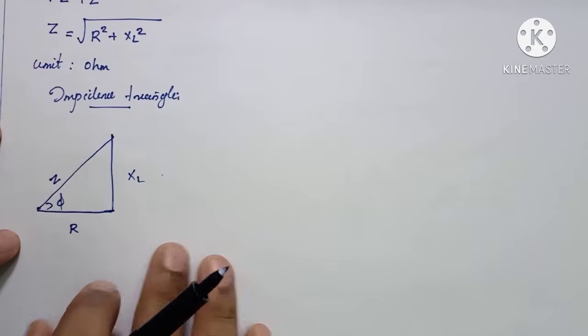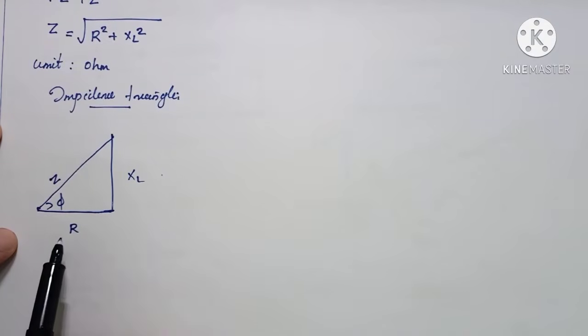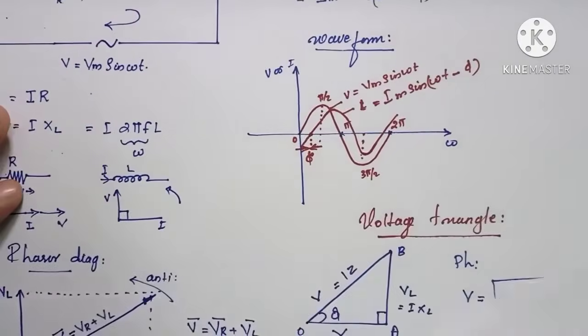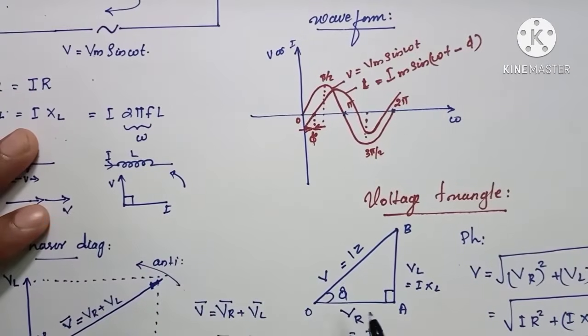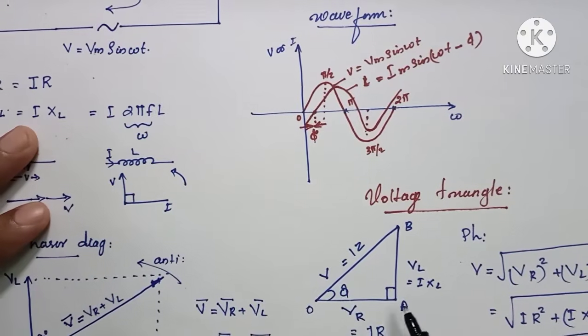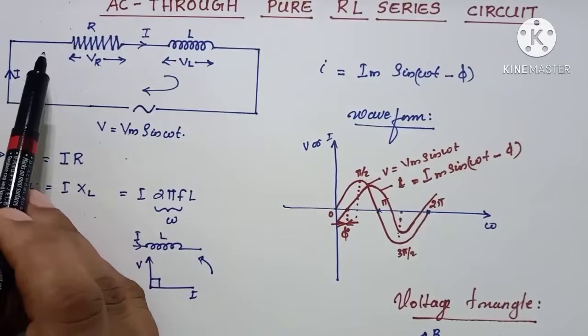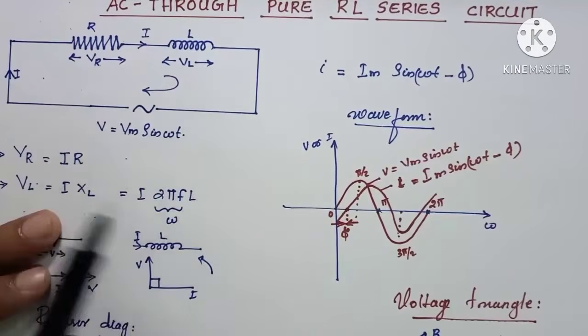Okay, I got this XL and R when I divide the equations in the voltage triangle. V is equal to I into Z, VL is equal to I into XL, and VR is equal to I into R, and I divide each and every term by the current, because current is the common factor for both resistor and inductor.